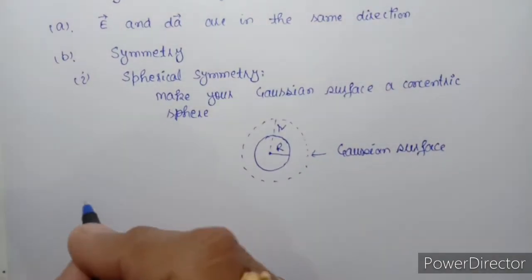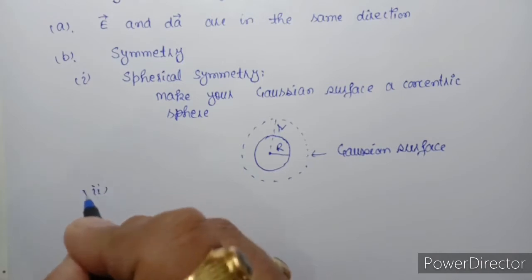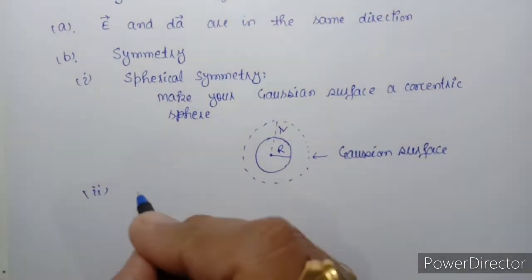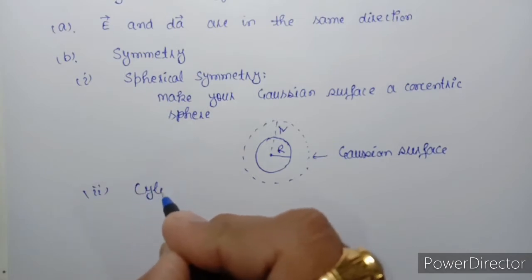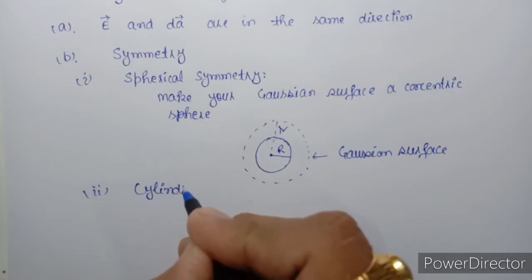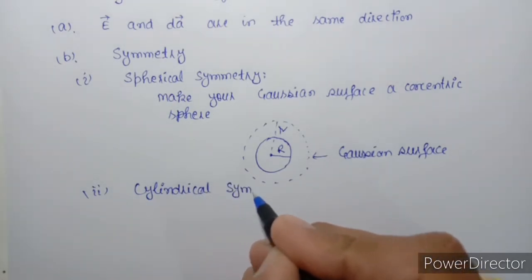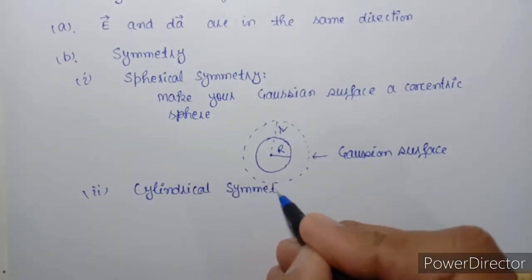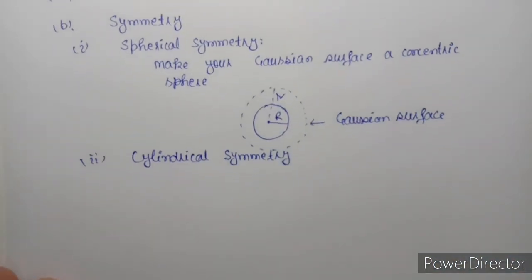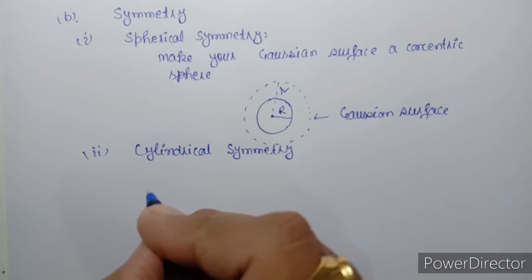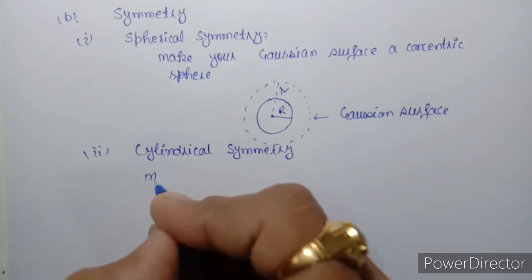The second symmetry is the cylindrical symmetry. Here make your Gaussian surface a coaxial cylinder.